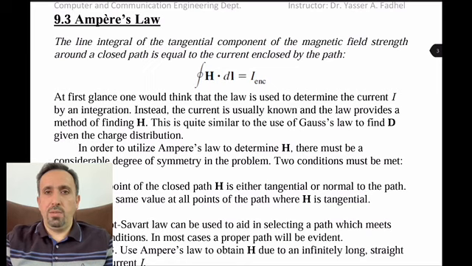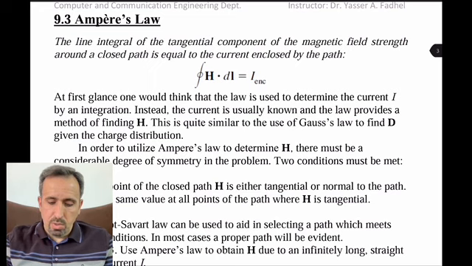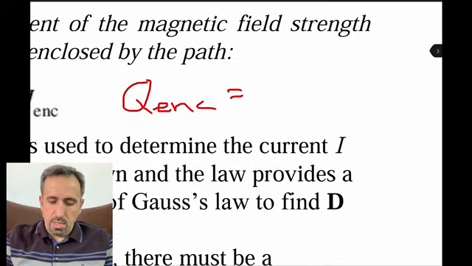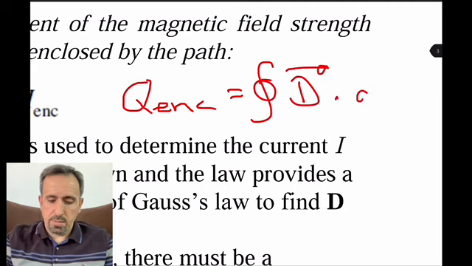Gauss law is saying Q enclosed equals the closed integral of D dot dS.